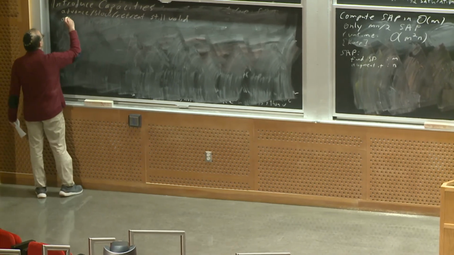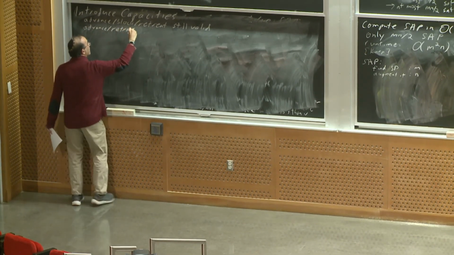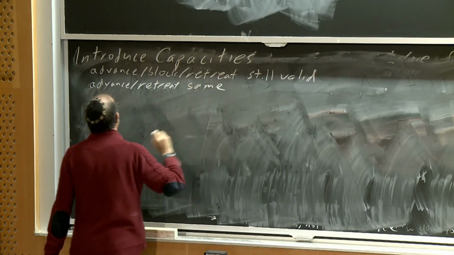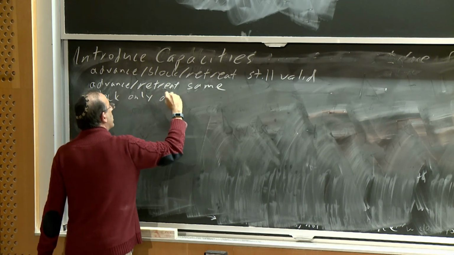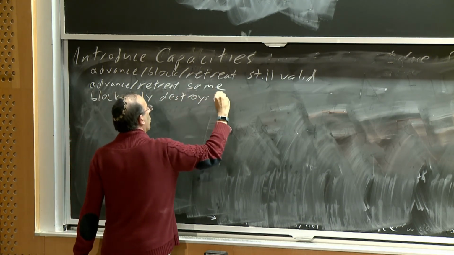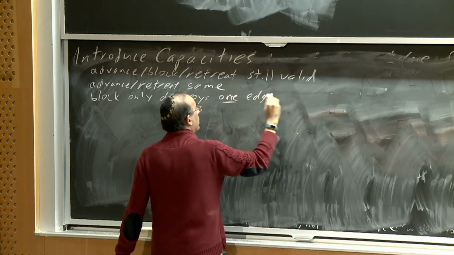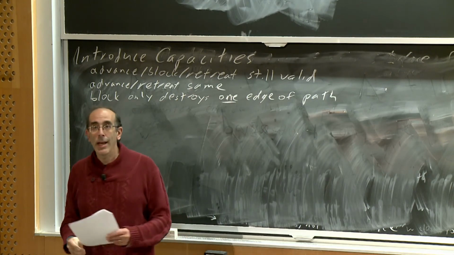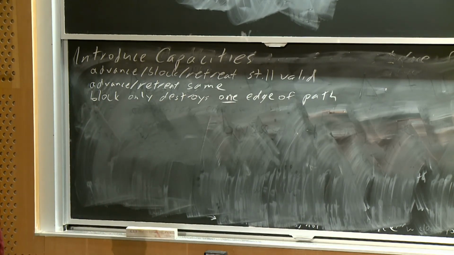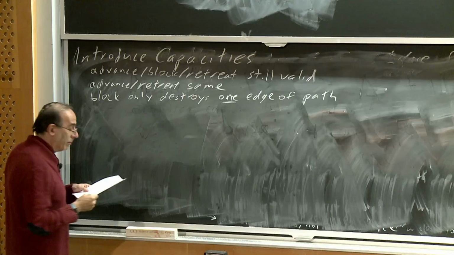So advance and retreat are exactly the same. But the thing we have to worry about is that now block only destroys one edge of the path. And so we might end up blocking through the same edge many times. Okay.